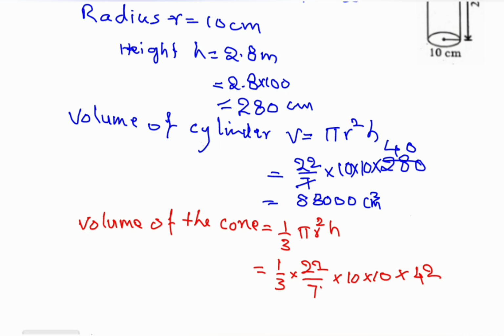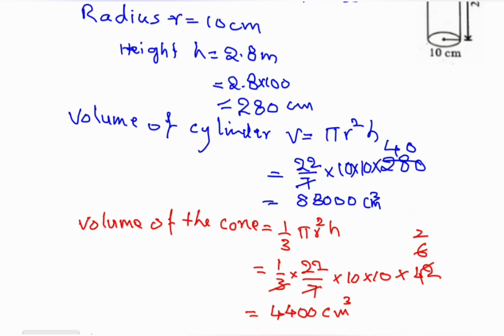Now 7 6s are 42 cancel, 3 2s are 6 cancel. 2 into 22, 4400 centimeter cube.